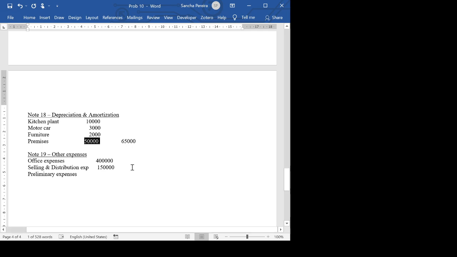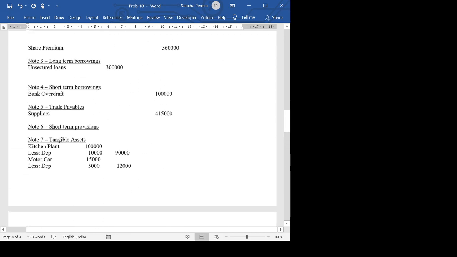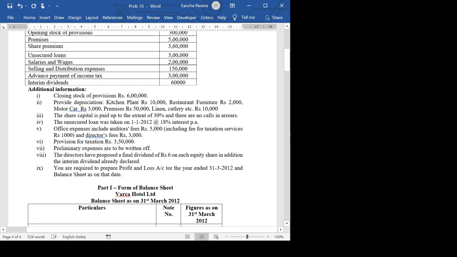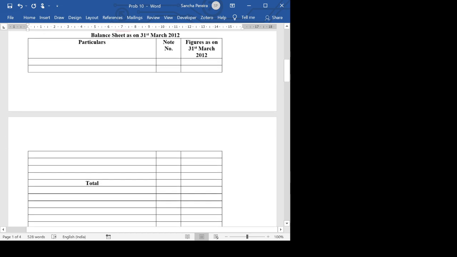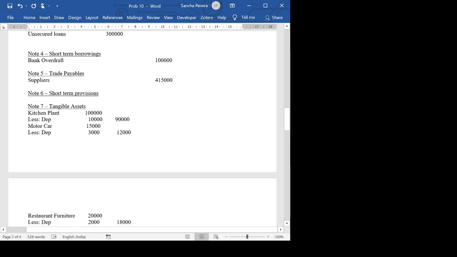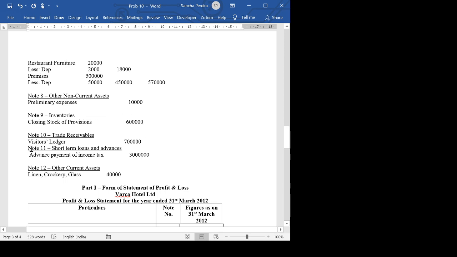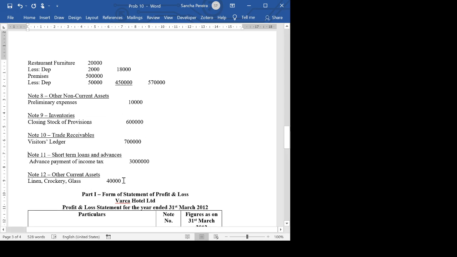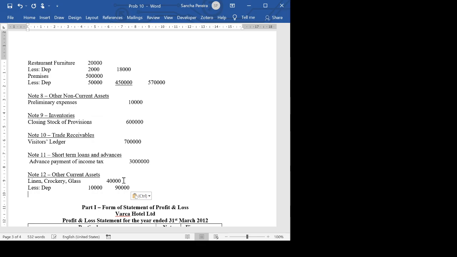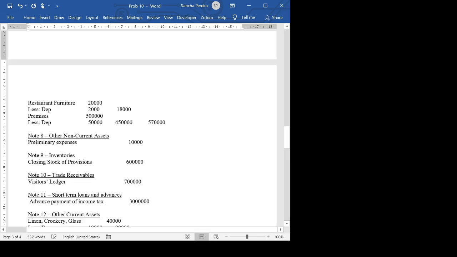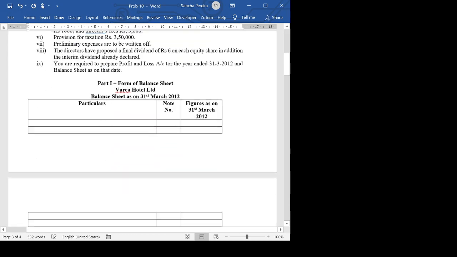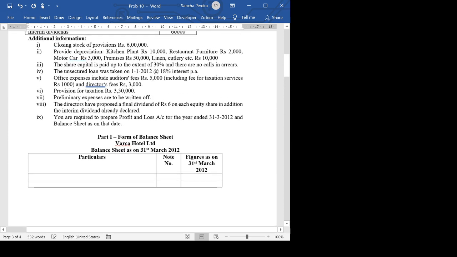Sorry, I missed another item. We also have linen here. Linen and cutlery 10,000. That has to be shown under linen and cutlery. Less depreciation here as well.